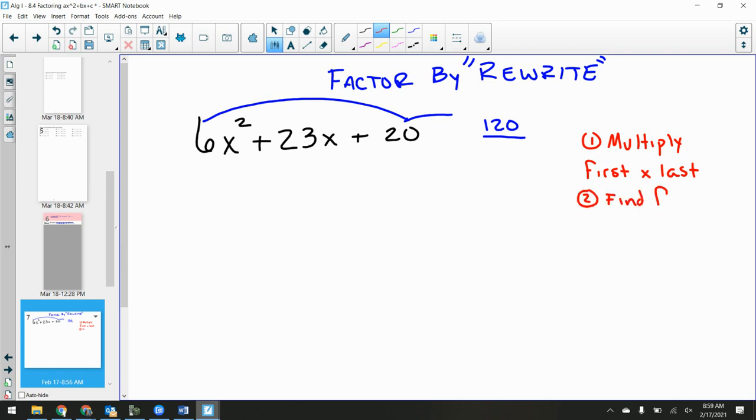Find factors that add to my middle term.